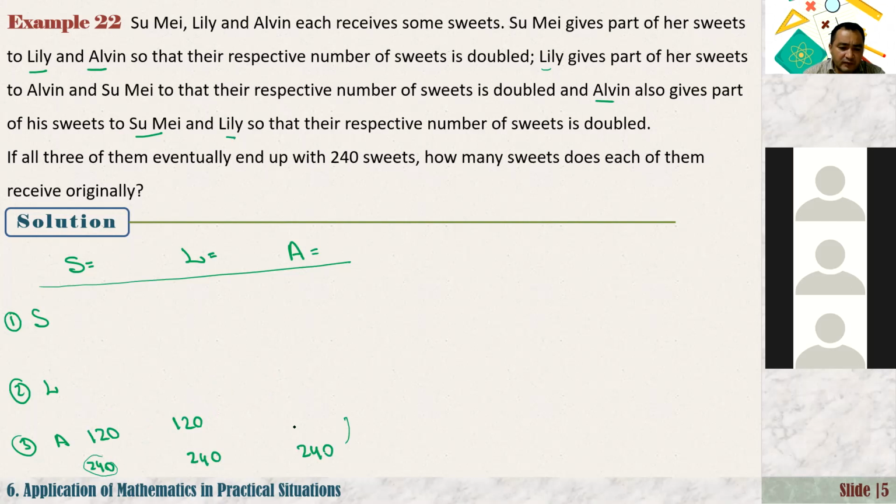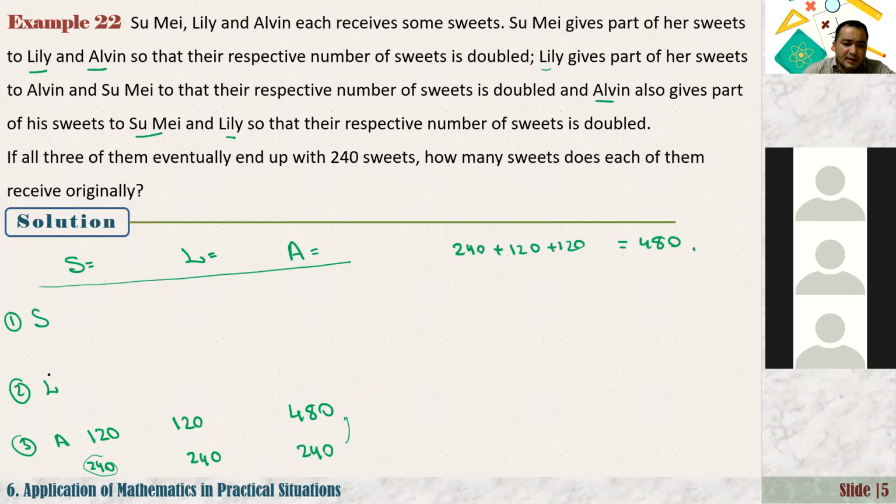So Alvin gave 120 to Sume and 120 to Lily, so their numbers are doubled. That means Alvin had 240 plus 120 plus 120, which is equal to 480, before he gave some candies to Sume and Lily.